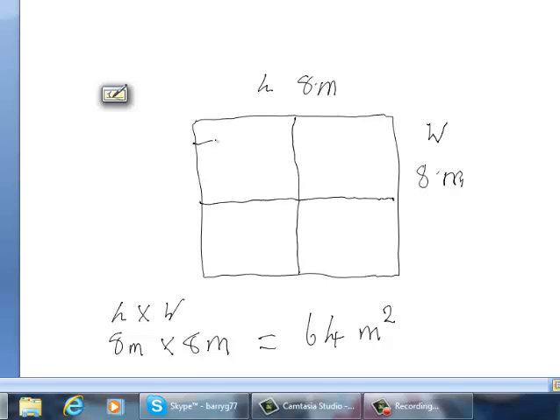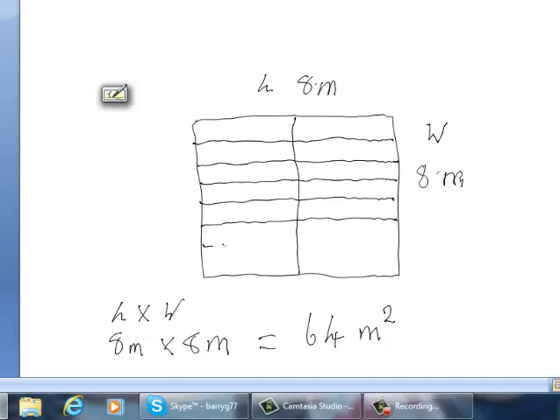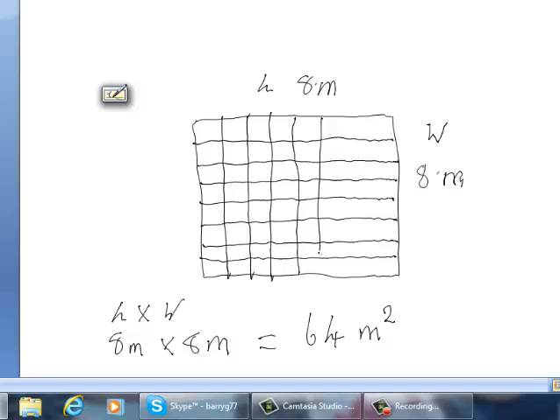So what we're looking for is 1, 2, 3, 4, 5, 6, 7, 8. We'll do the same again. So we have 1 column, 2, 3, 4, 5, 6, 7, 8.